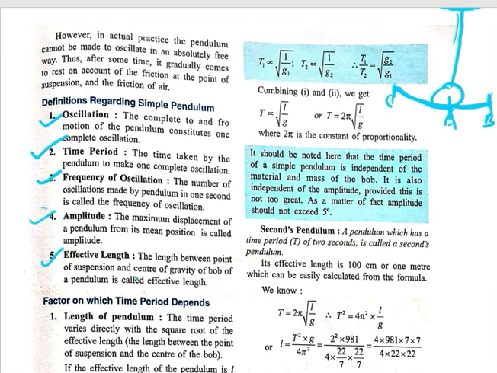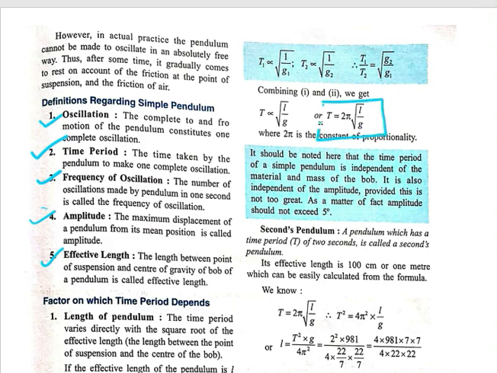Generally it depends upon the length and gravity, and if we compute it, you need to remember that the time period of a simple pendulum is given by T equals 2 pi root over L by G, where L is the length of the string, or the effective length, and G is the acceleration due to gravity. Just remember this formula, that will be enough.